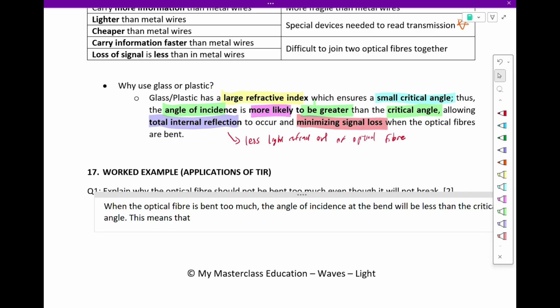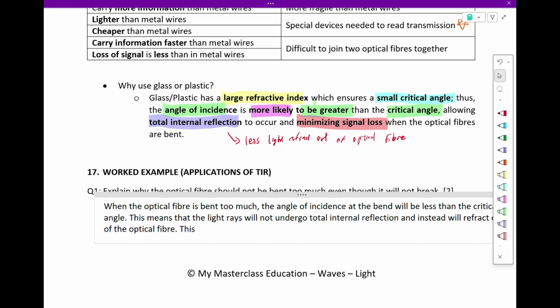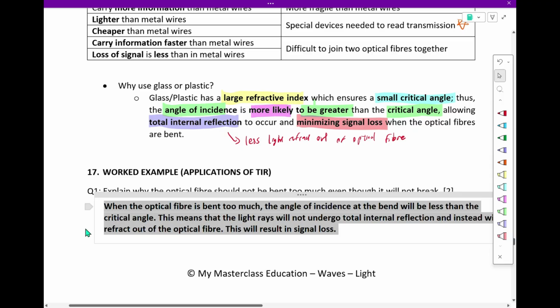This means that the light signal or light rays will not undergo total internal reflection and instead will refract out of the optical fiber. This will result in signal loss. Okay, so basically this is what will happen.